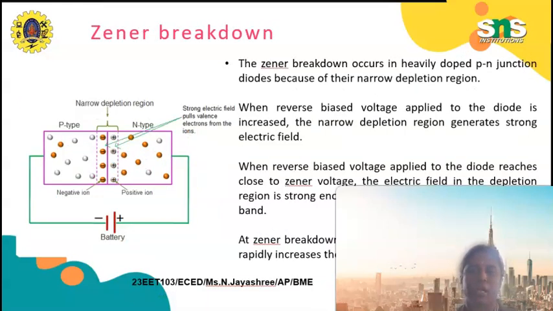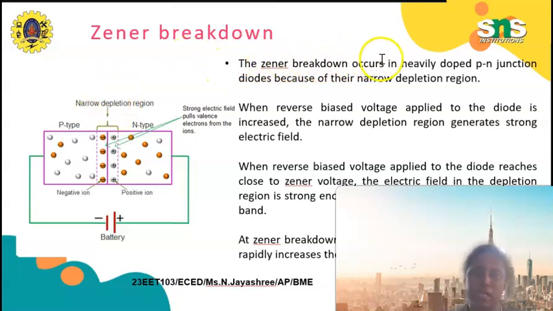Let us see what I mean by Zener breakdown. The same voltage is applied, that is negative is connected to P-type and positive is connected to N-type. The electrons and holes form the narrow depletion region.